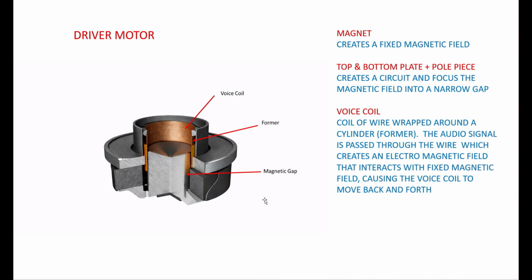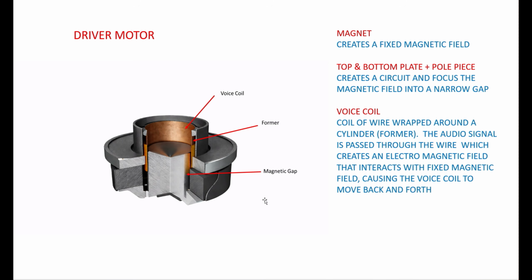The voice coil is a cylinder of wire wrapped around a cylinder called a former. The former gives the voice coil a structure, something to wrap around.